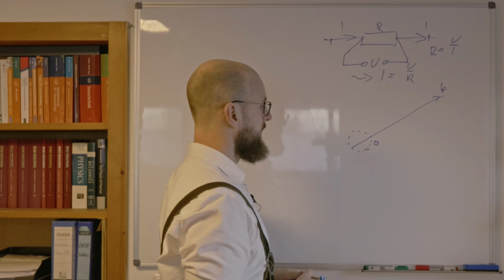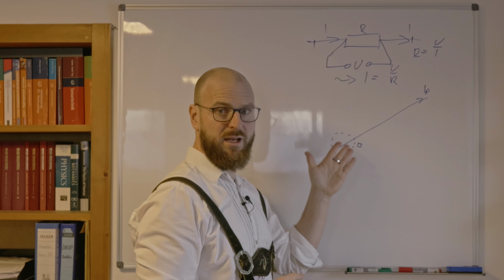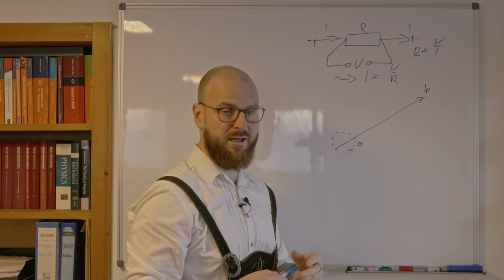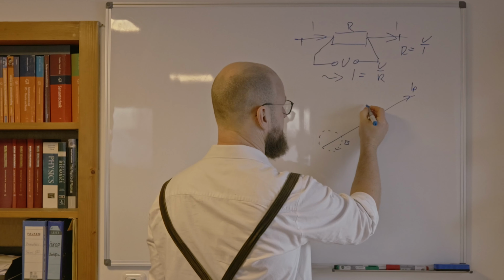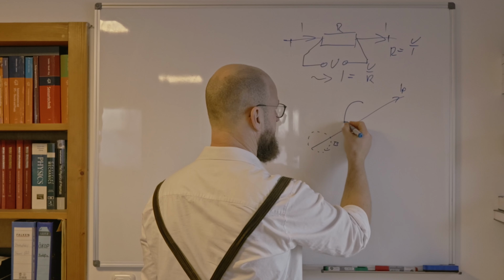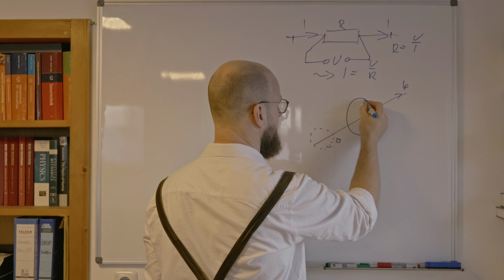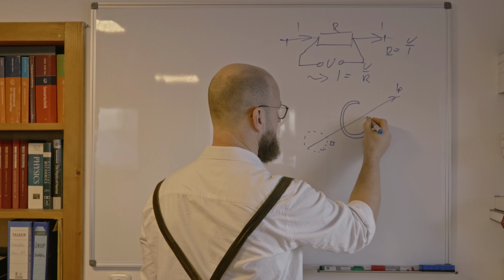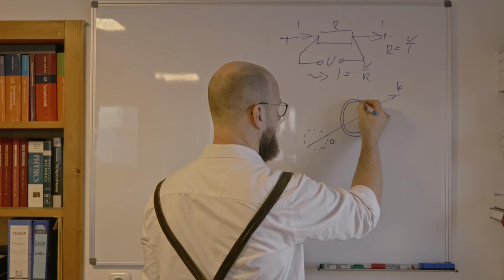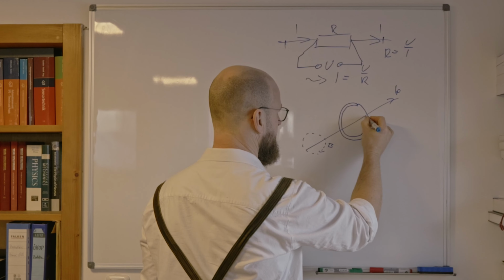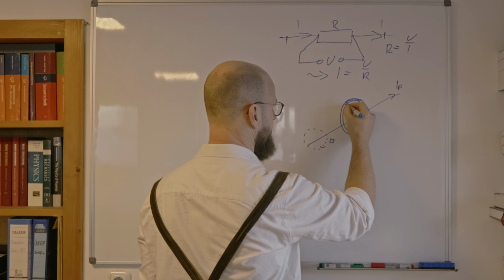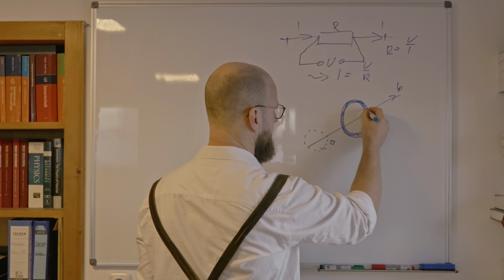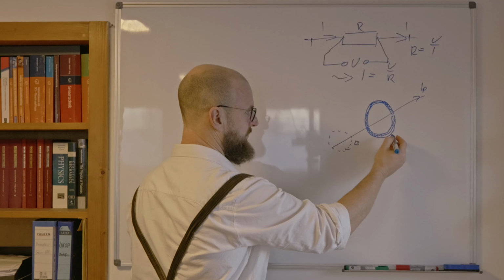That's a physical fact, that such a current will exert such a magnetic field. Let me try to sketch it properly. We just use some kind of iron ring around that wire, which takes up the magnetic field.